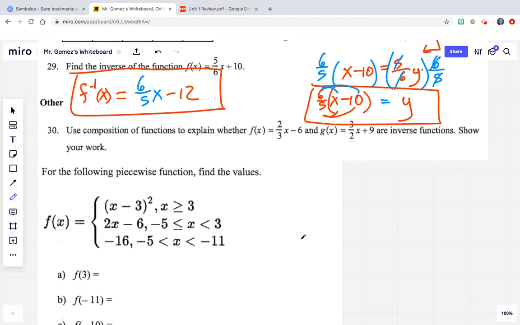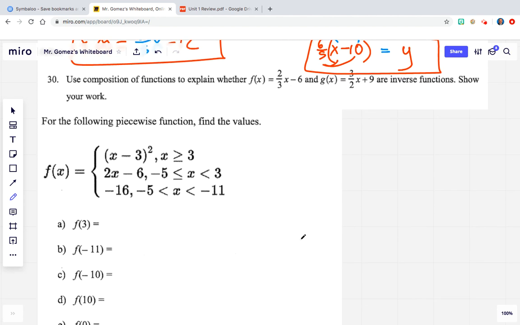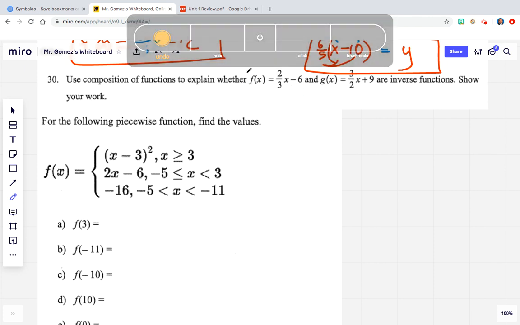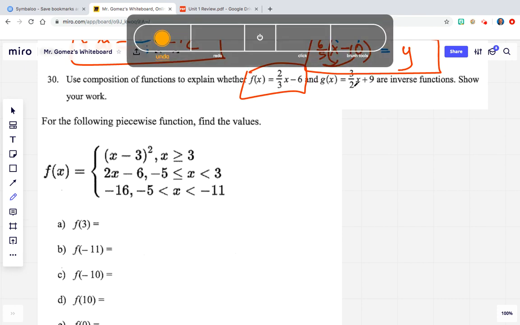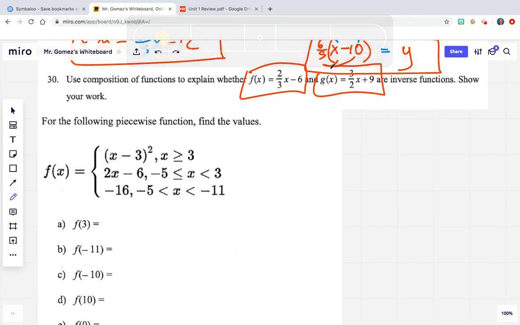All right, so now let's go to number 30. It says, use compositions of functions to explain whether this function here, f of x, and g of x, this one right here, are inverses of one another, okay? So show your work.